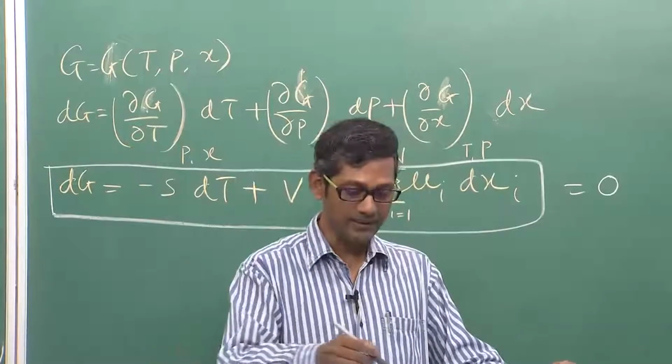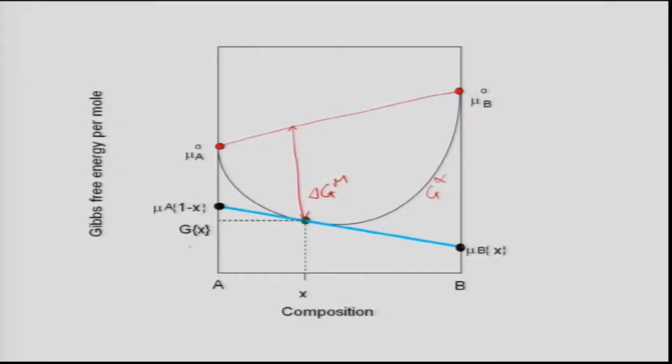So, if I draw a tangent at a particular point on this curve, that tells me the chemical potentials of these two components where this straight line meets the pure A and pure B vertical axes. That is why it is written μA at 1 minus x, μB at x.